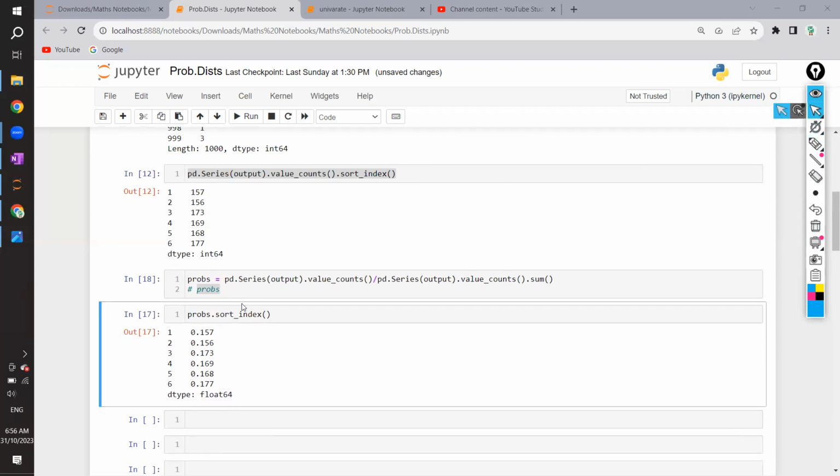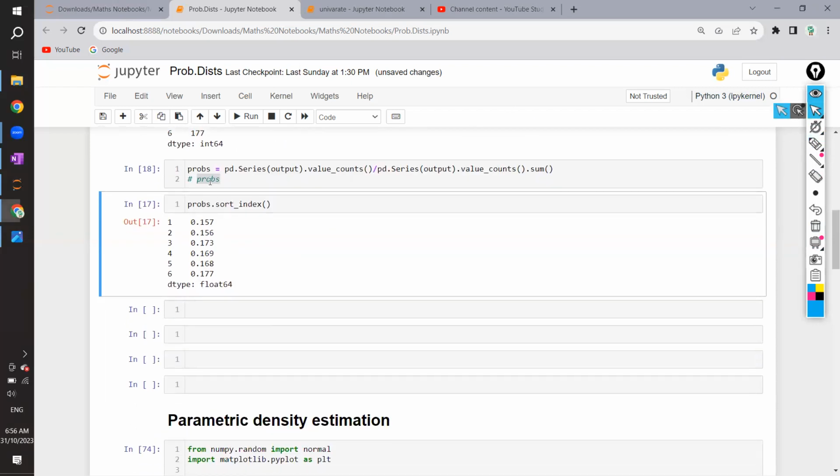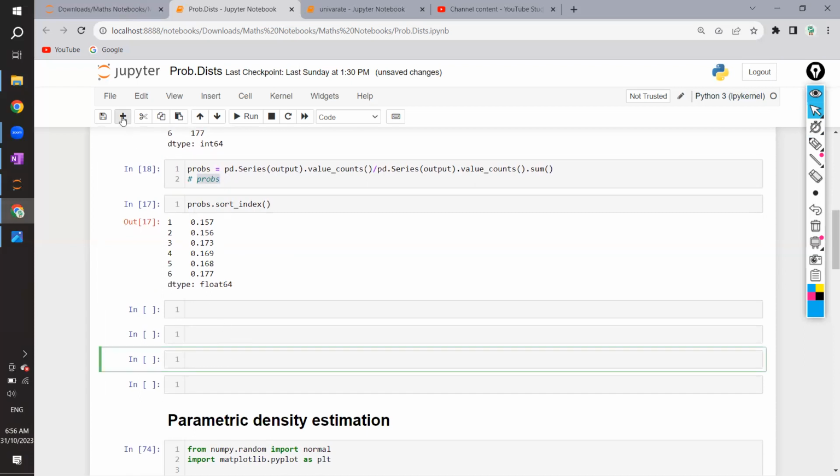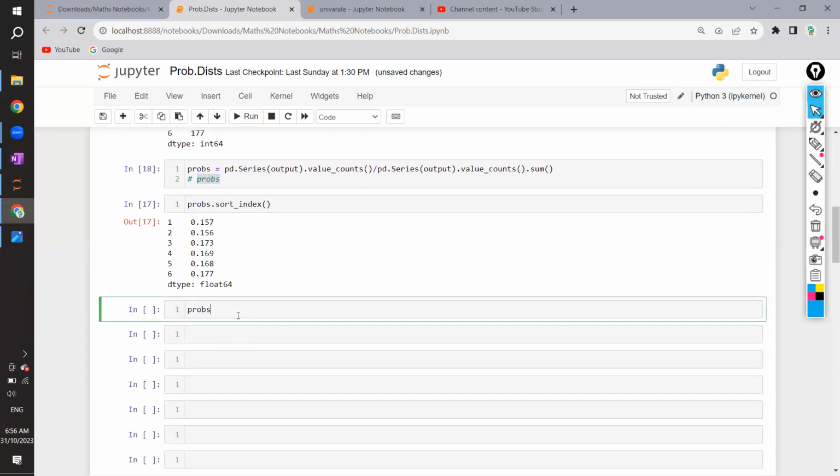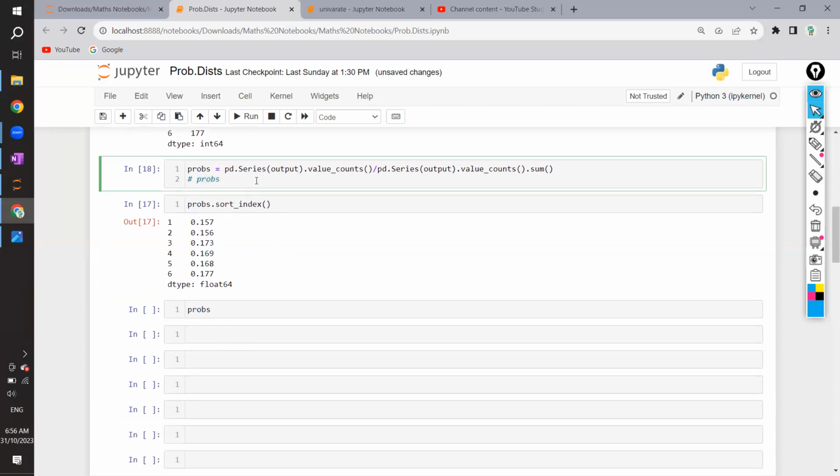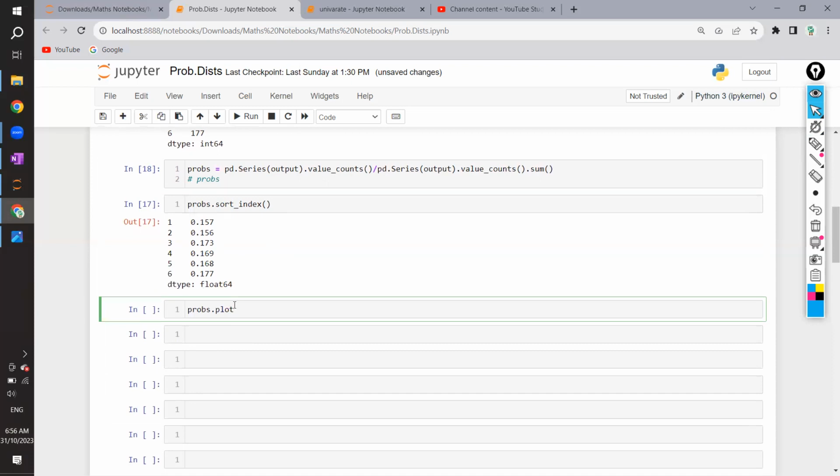So if you just try to plot this, I'll suggest probabilities dot plot, kind equal to bar.